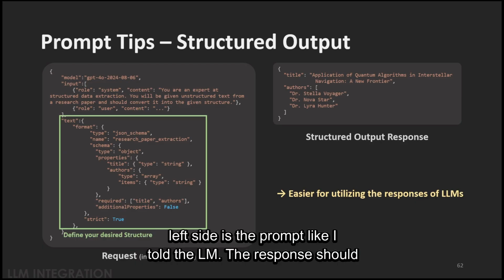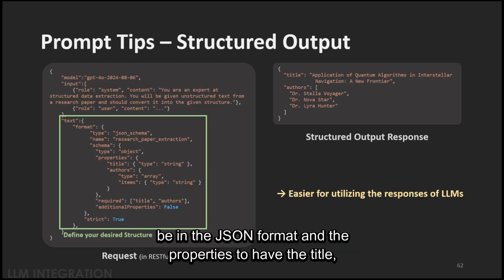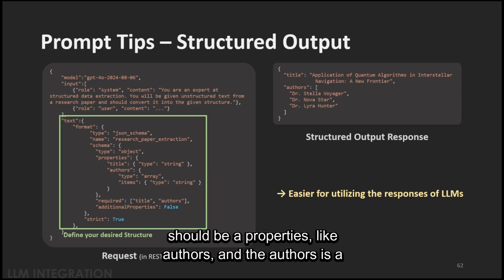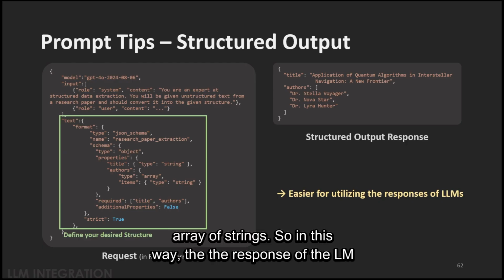Like I told the LLM, the response should be in JSON format, and the properties should have the title. The title should be a string, and there should also be properties like authors, where authors is an array of strings.